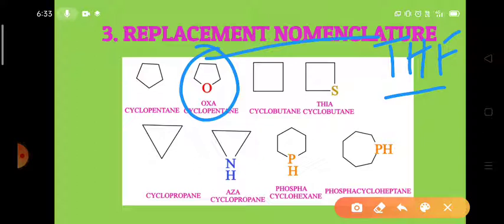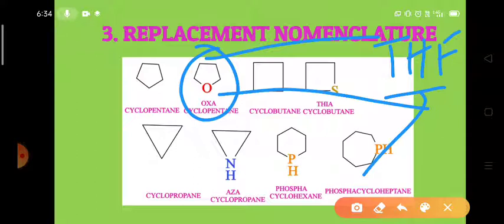Oxacyclopentane is the replacement name of tetrahydrofuran. Tetrahydrofuran is the trivial name, and the Hantzsch-Widman name for this one is oxa plus olane, so it is oxolane. So the systematic name for this one is oxolane.